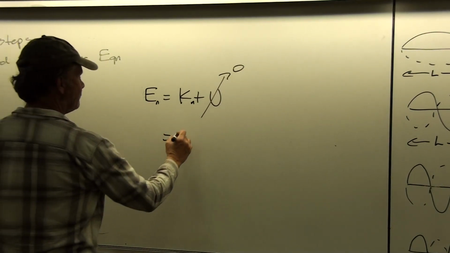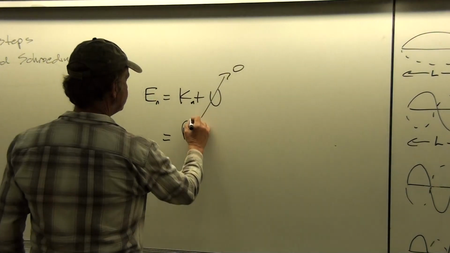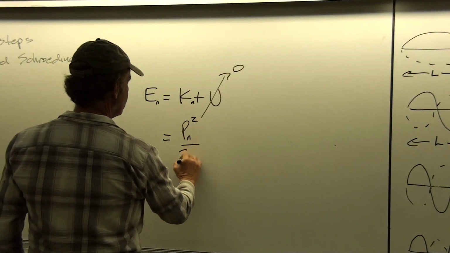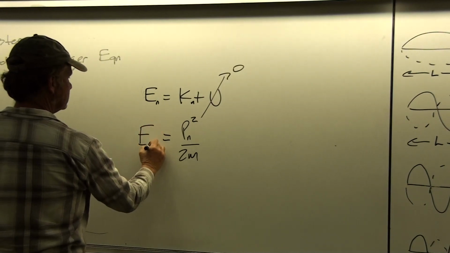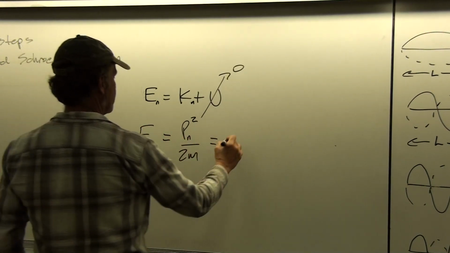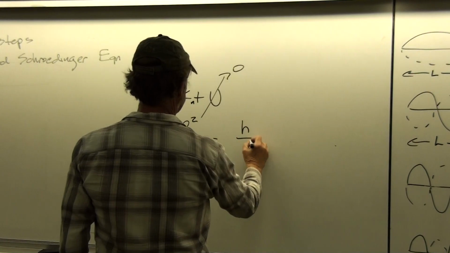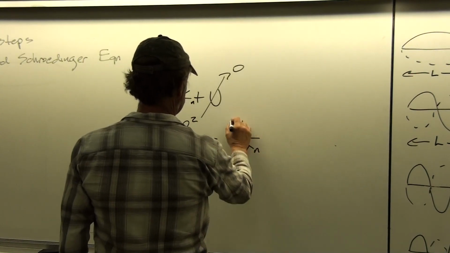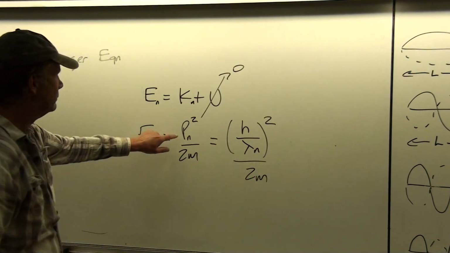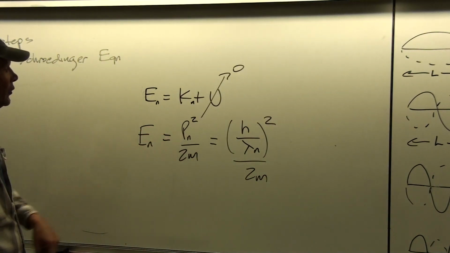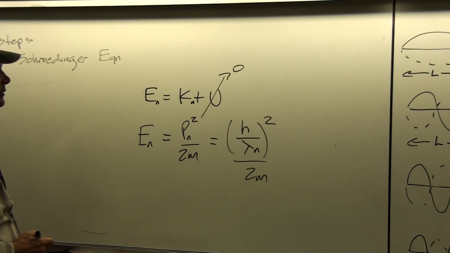So what is that? That's going to be Pn squared over 2m, where P for the nth harmonic is equal to Planck's constant divided by the wavelength.